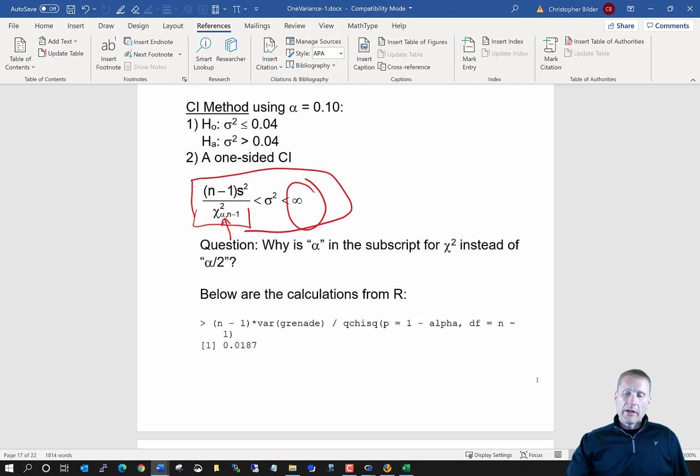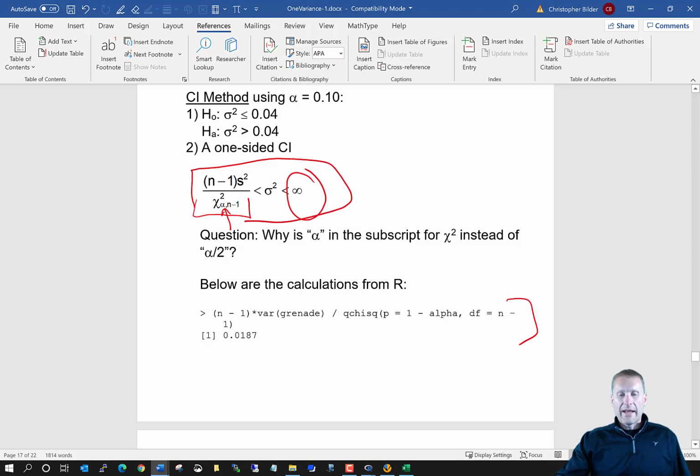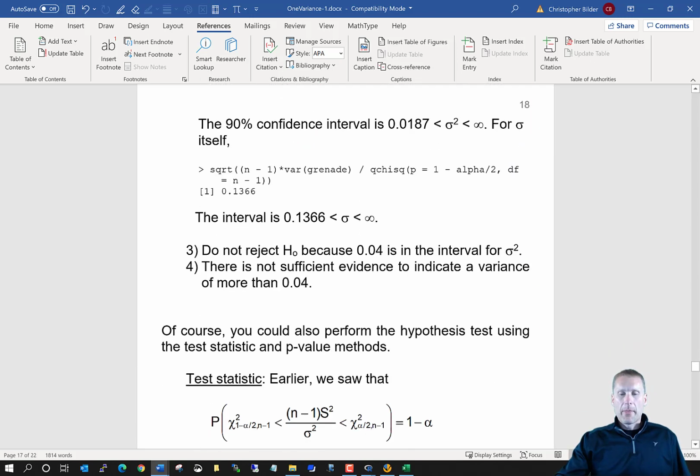So I go through my calculation. I get 0.0187 for that lower bound. And so that's for when I'm working with the variance. If you take the square root of 0.0187, you get 0.1366.